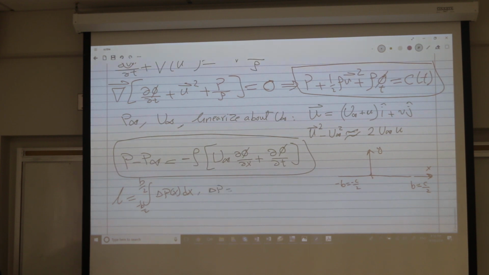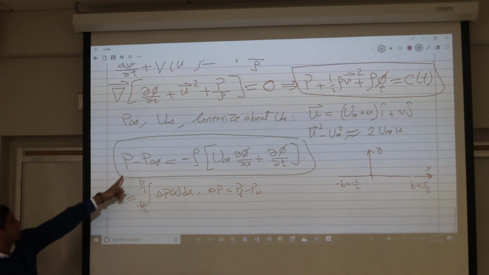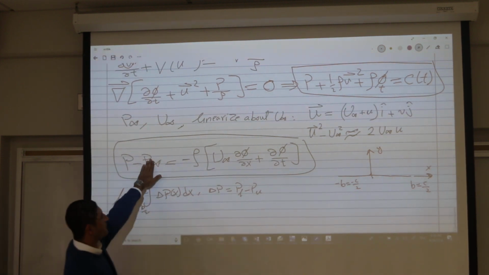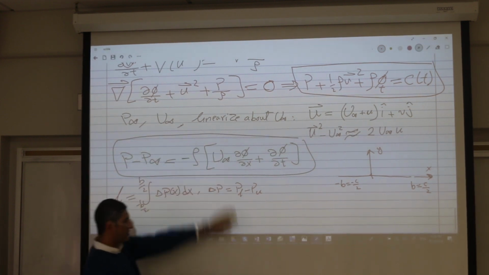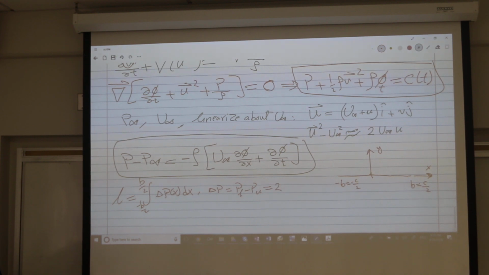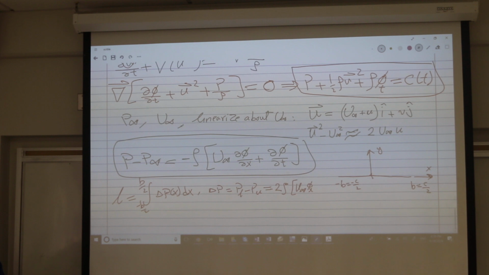And the delta pressure is P lower minus P upper. So if you get P lower from here, P upper from here, and subtract, the P infinity will go away and you'll get twice of this term. So this is twice rho U infinity phi x plus phi t.